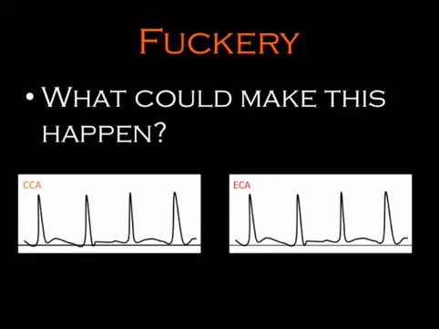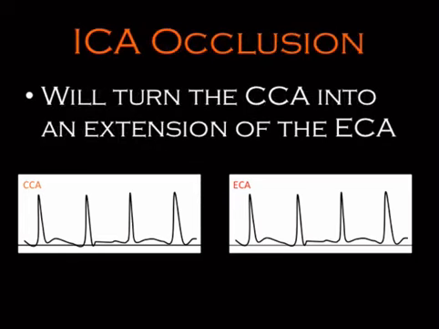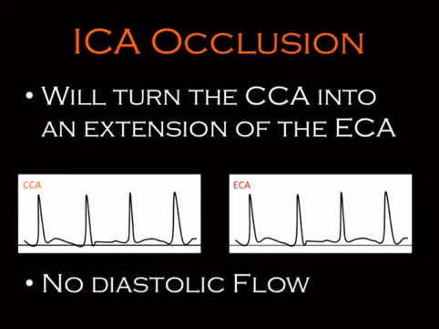The diastolic flow is pretty much zero, at diastole it's baseline. What can make this happen? Basically, occlusion of the internal carotid will make that happen. So it basically turns your common carotid into your external carotid. Note the lack of diastolic flow.